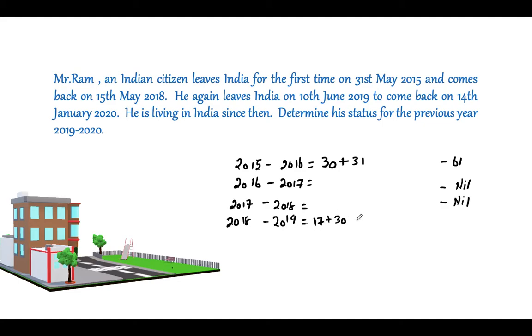June, July, August, September, October, November, December, January, February, March. So totally it comes to 321.